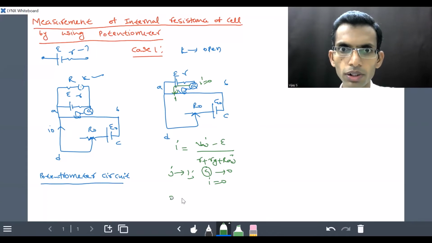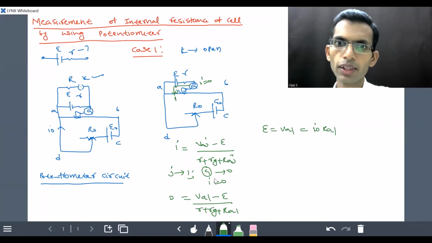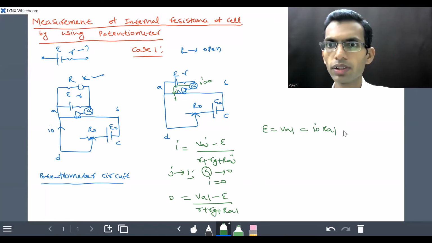In place of J, we have to substitute 1. As LHS is 0, what we are going to get? EMF becomes equal to VA1, potential difference between A and 1. That is going to be I0 into RA1. So let me make it as equation 1.